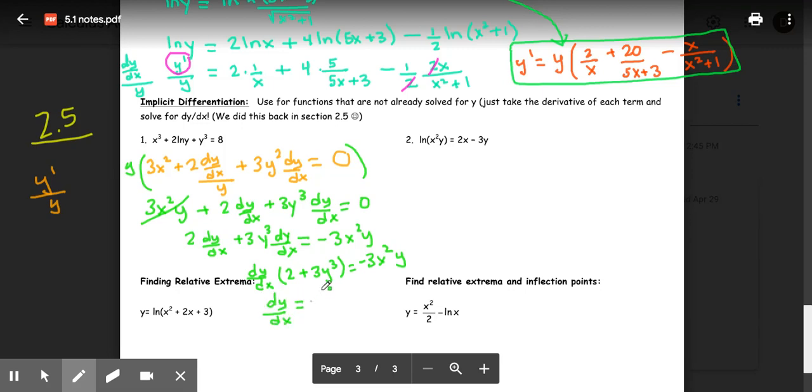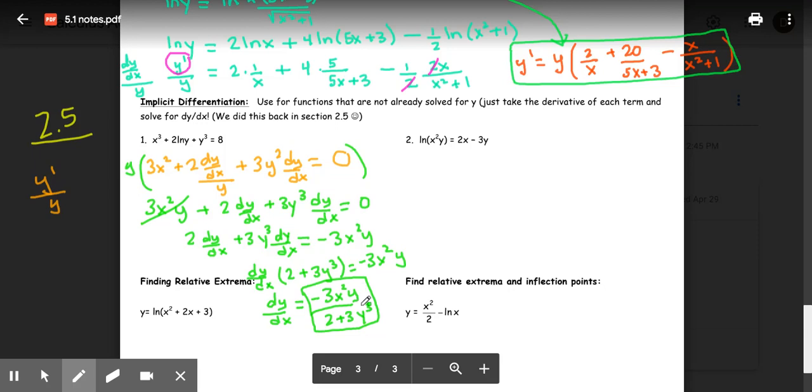We're going to divide through by what's in the parentheses, over 2 plus 3y cubed. And there you go. There's your answer. Okay? You can't simplify anymore.